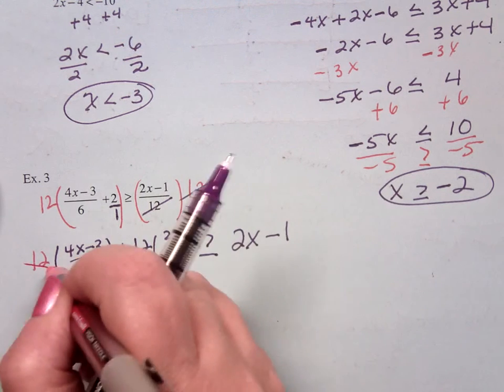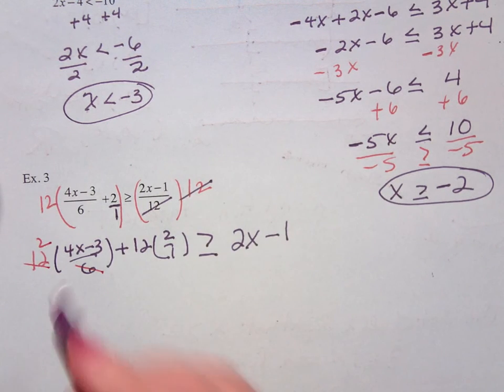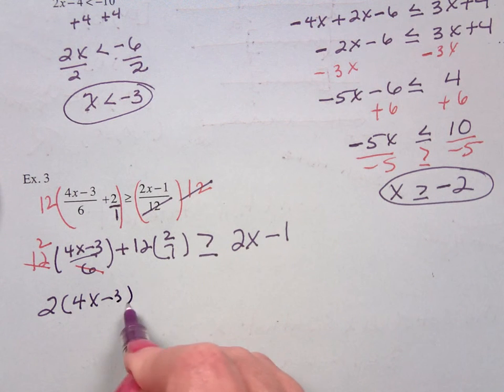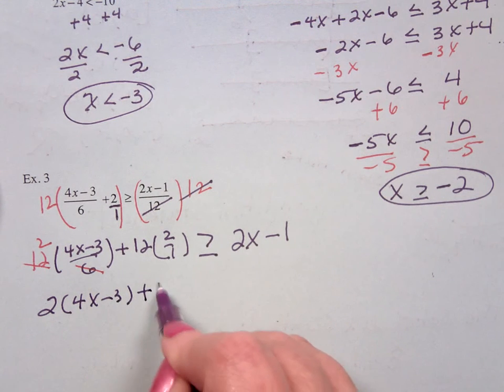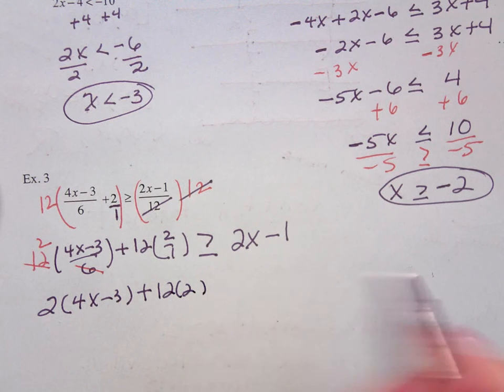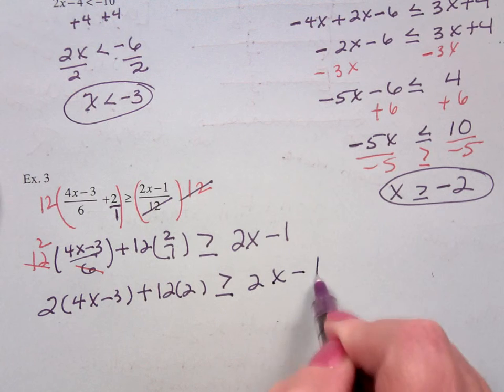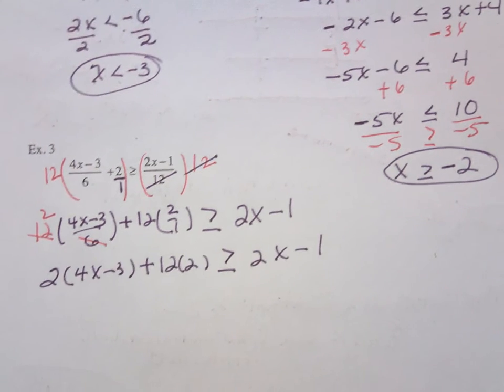Six divides 12 twice, so this is 2 times 4x minus 3 plus 12 times 2 is greater than or equal to 2x minus 1. Notice I work slowly and carefully.